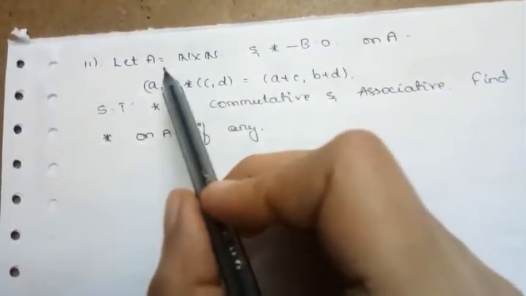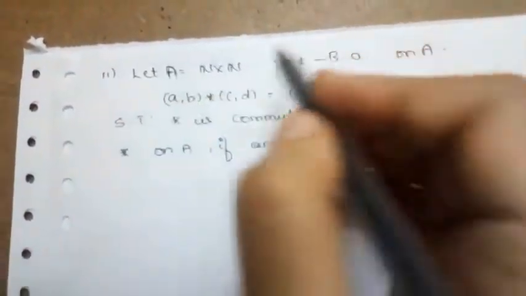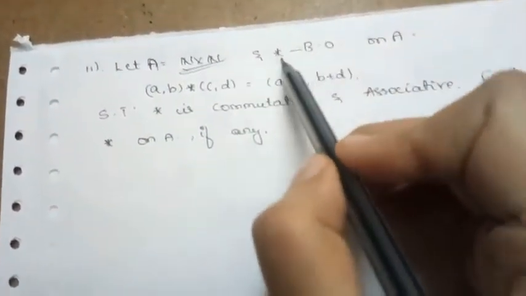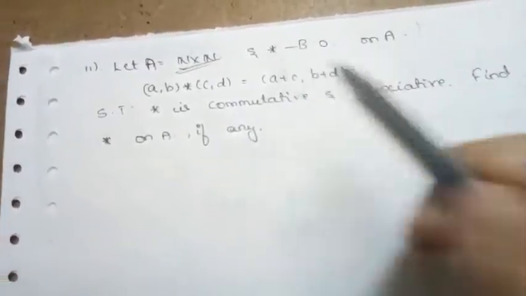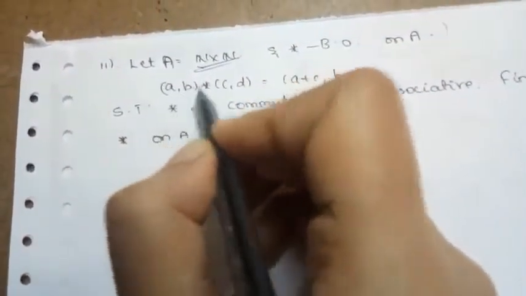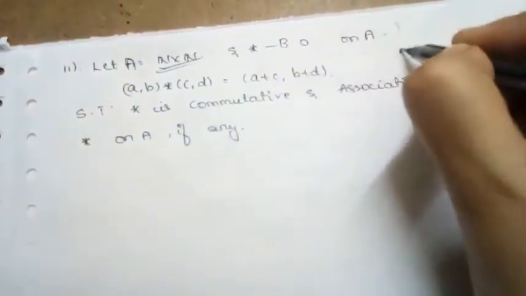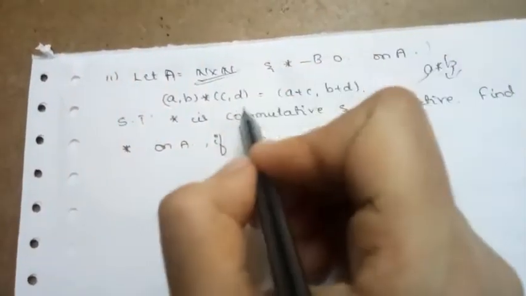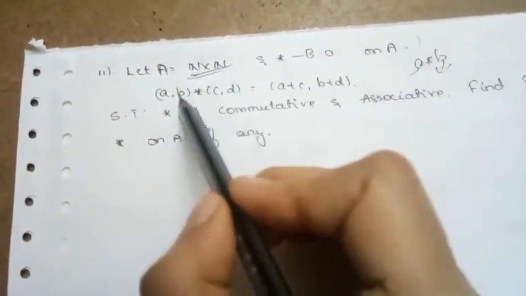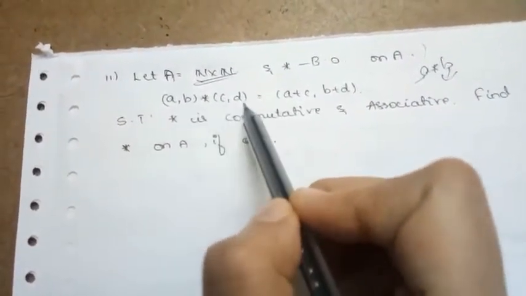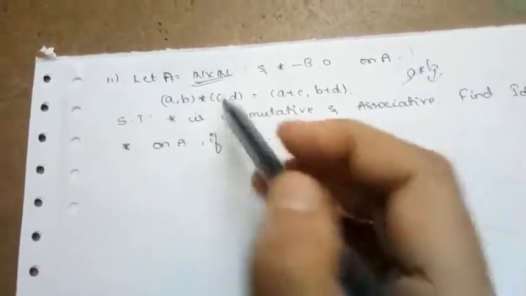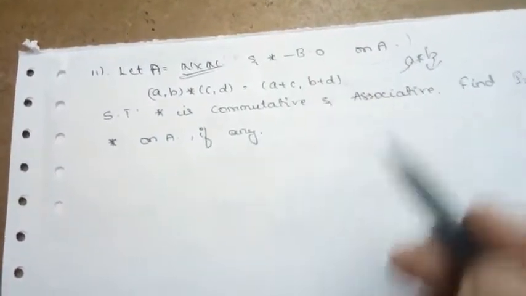The next question: here they have considered a set A, which is a Cartesian product on the set of natural numbers, and star is defined as a binary operation on that set A. Since it is a Cartesian product, a comma b star c comma d, where a comma b belongs to set A and c comma d also belongs to set A, is defined as a plus c comma b plus d.